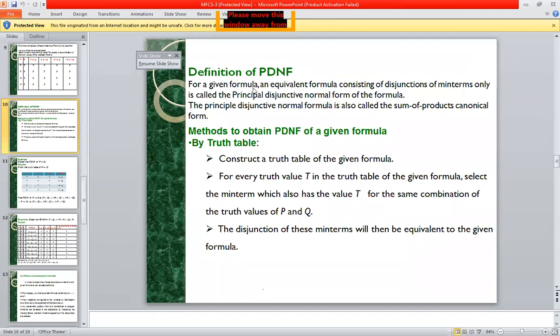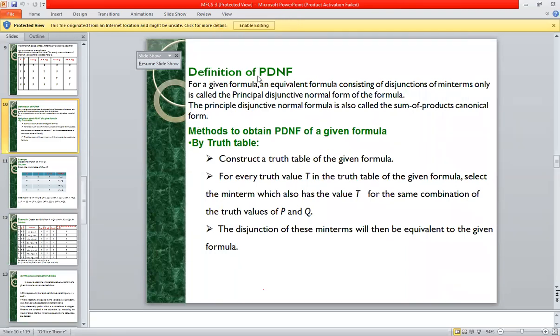For a given formula, an equivalent formula consisting of disjunctions of minterms only is called the principal disjunctive normal form of the formula. Another definition: it is also called sum of products, or canonical form.